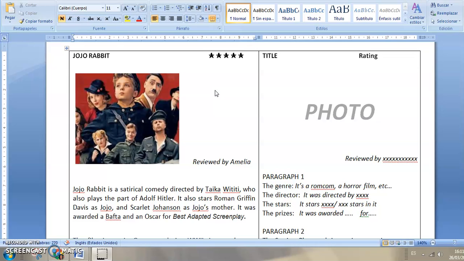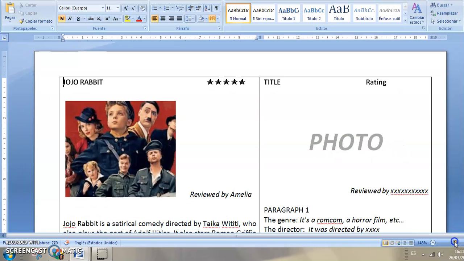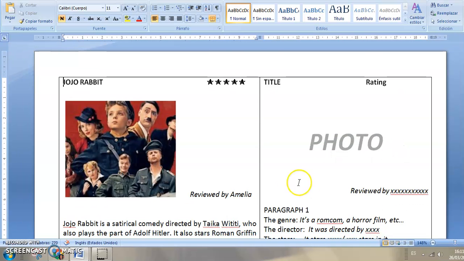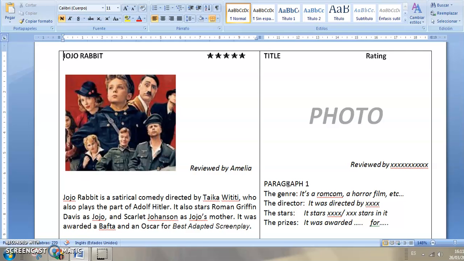Okay? In my case, I've chosen this one, Jojo Rabbit, which I saw not long ago, maybe 2 months ago, and I enjoyed it so much that I decided to write the review about it, okay.